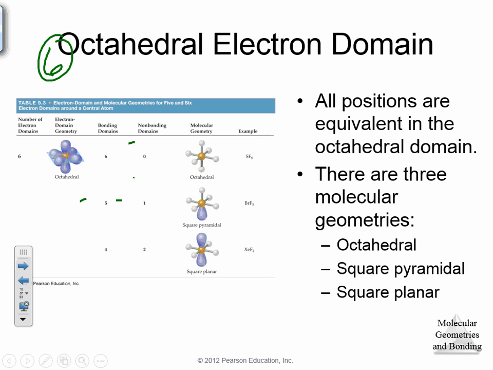Moving on here, domain number 6. What we have when we talk about domain number 6 is essentially this. You have 3 different geometries for domain number 6. By the way, the 6th domain has all 90-degree angles.